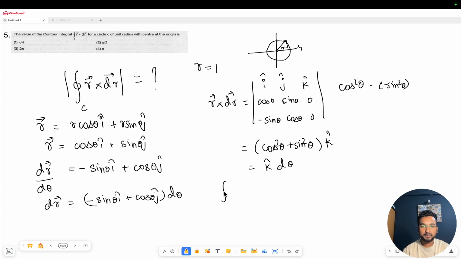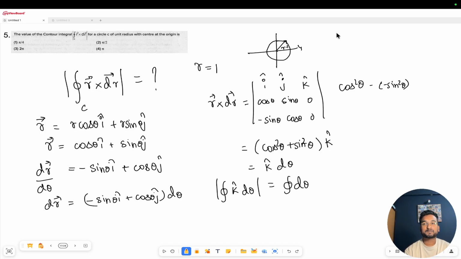So the integral c k cap d theta, and they have asked for the mod, just the magnitude. If you take the magnitude of this, it will be the integral of d theta.